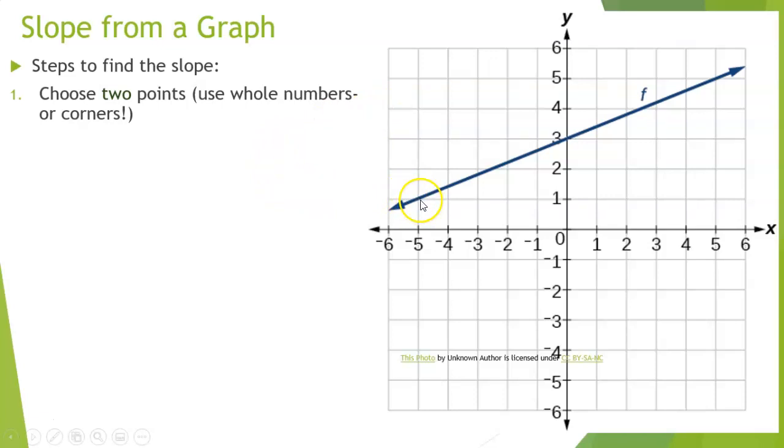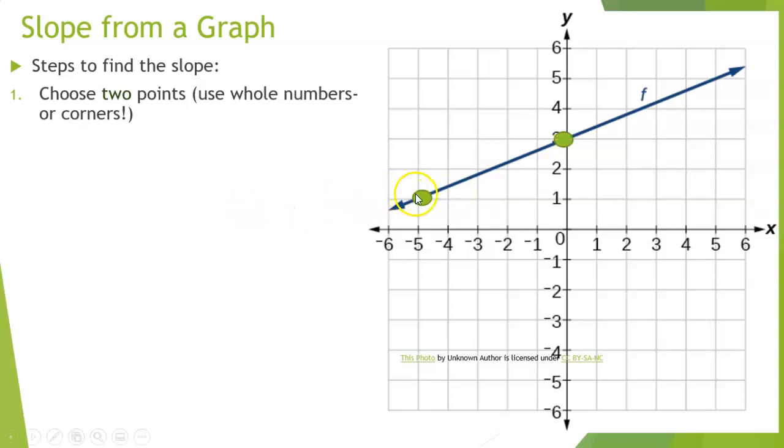So for example, right here at negative 5, 1, that line's going straight through the corner. I can tell that's a whole number point, negative 5, 1. So that's a point I would want to use. I would not want to use this one right here because it's not going through a corner. I would have to estimate, use decimals, and it's much easier to find the slope if you know whole numbers. So always go through a corner.